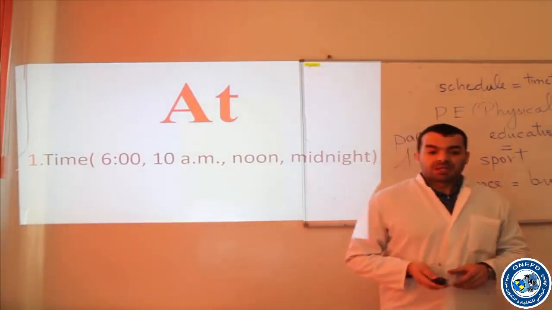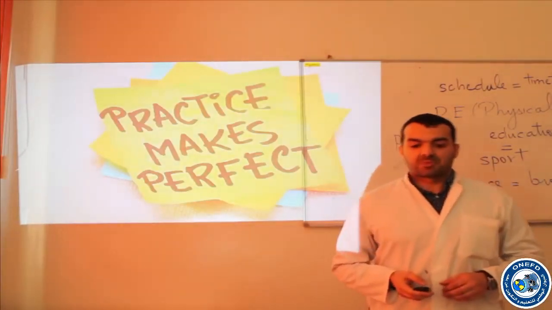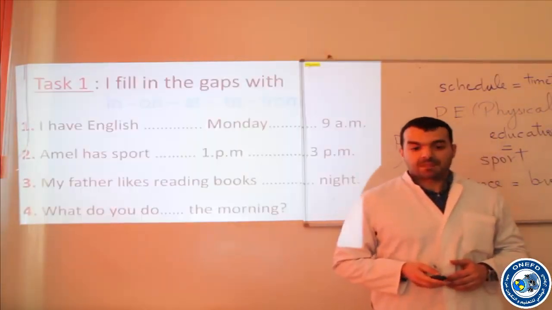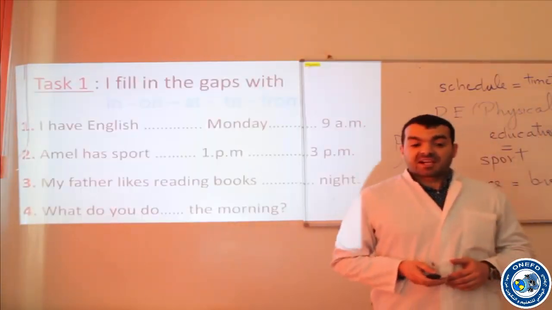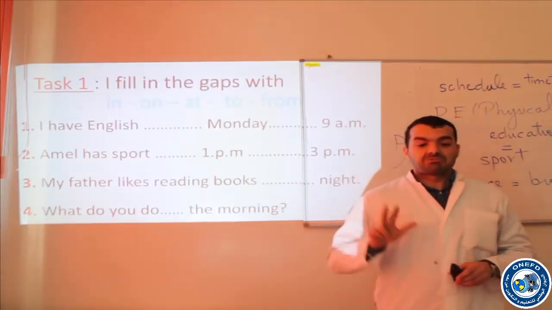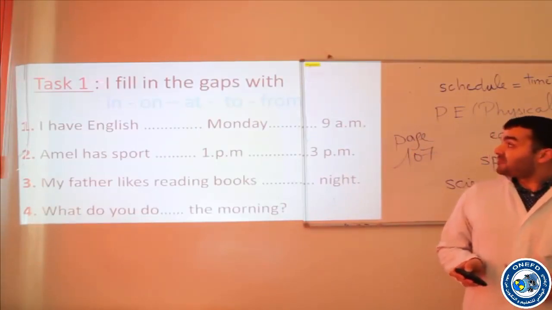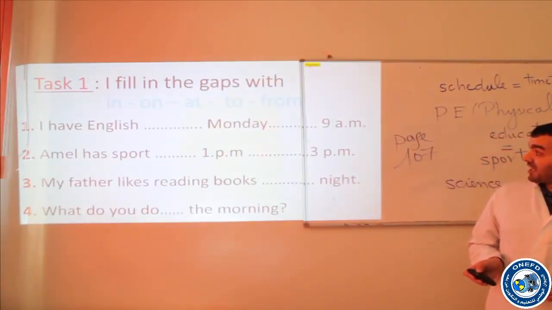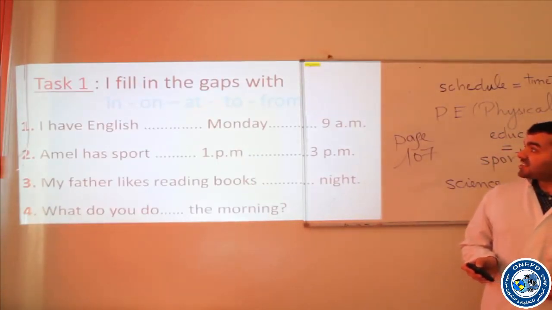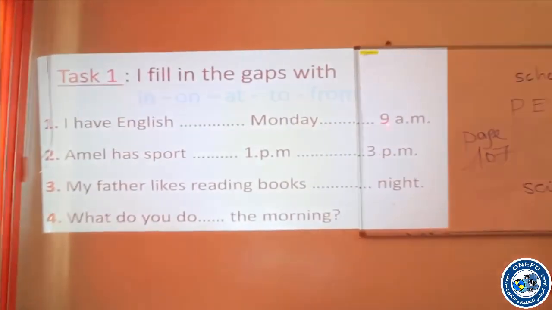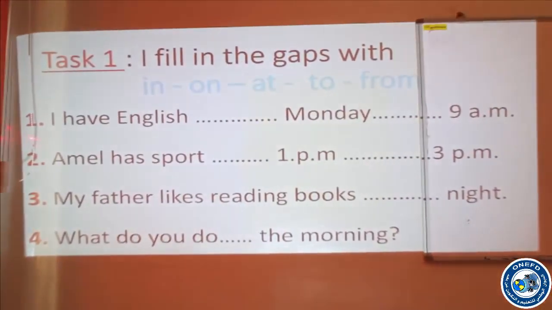So, now let's practice more about these prepositions of time. Task 1. I will give you 2 minutes. Have a look at this task. You have gaps. Try to fill in the gaps with in, on, at, to, from. I have English, gap, Monday, gap, 9 a.m. Second sentence.